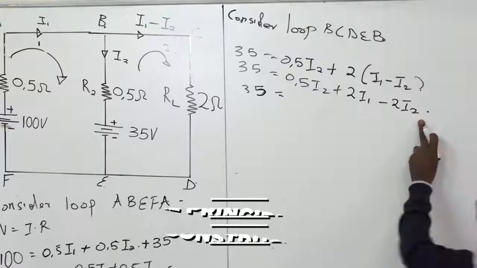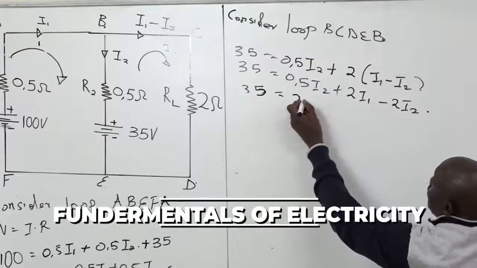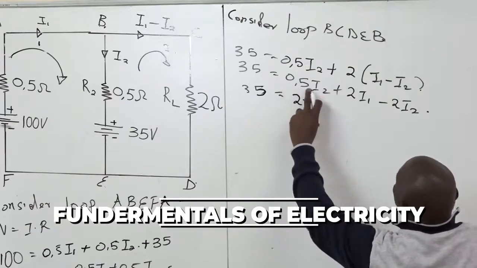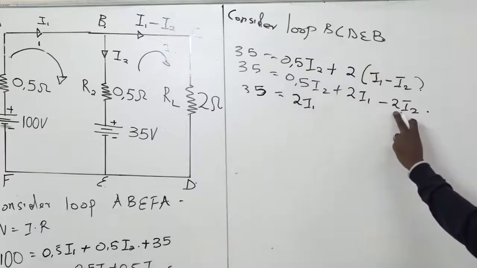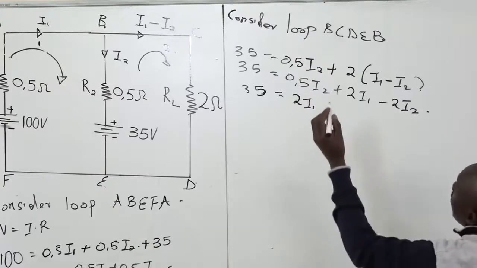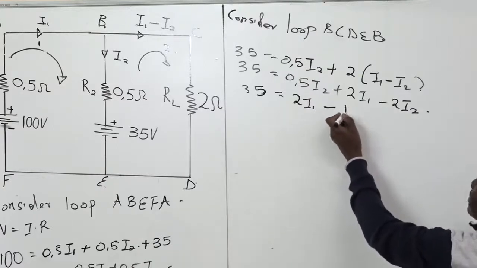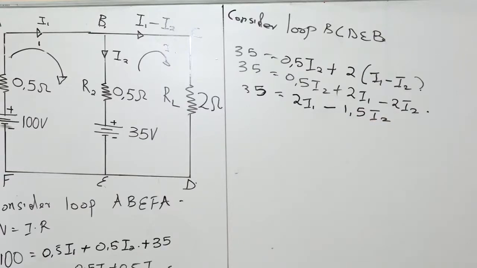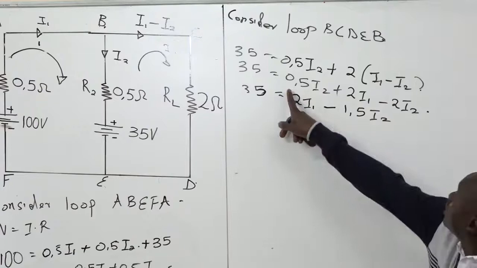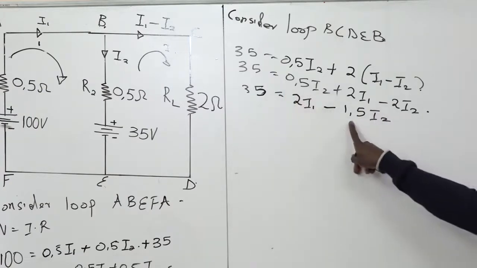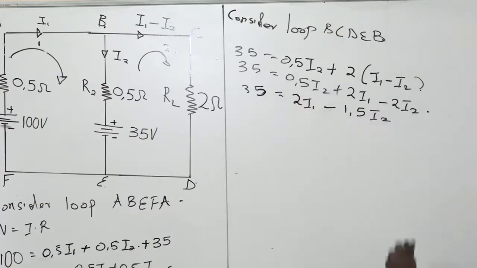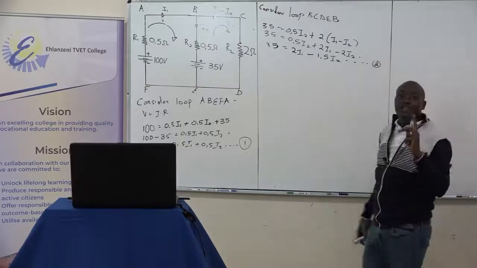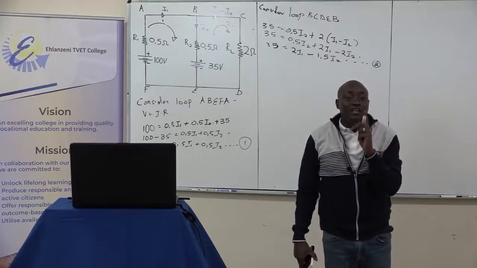So I will say that I'm having 2 I1 and 0.5 minus 2, which gives minus 1.5 I2, as part of my equation, because 0.5 minus 2 is minus 1.5. I'm going to call this equation 2.